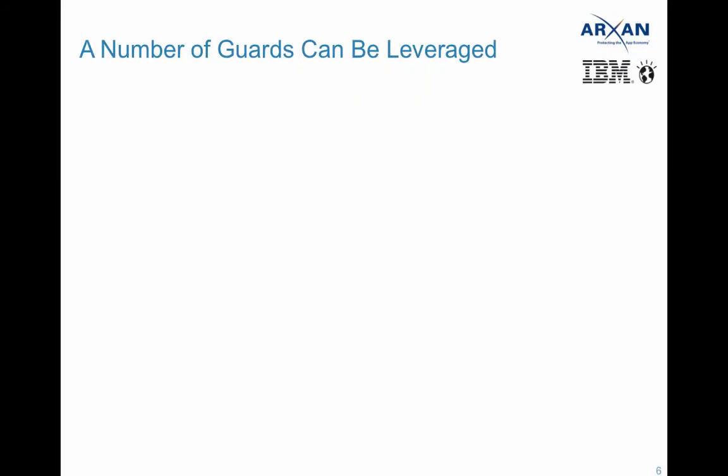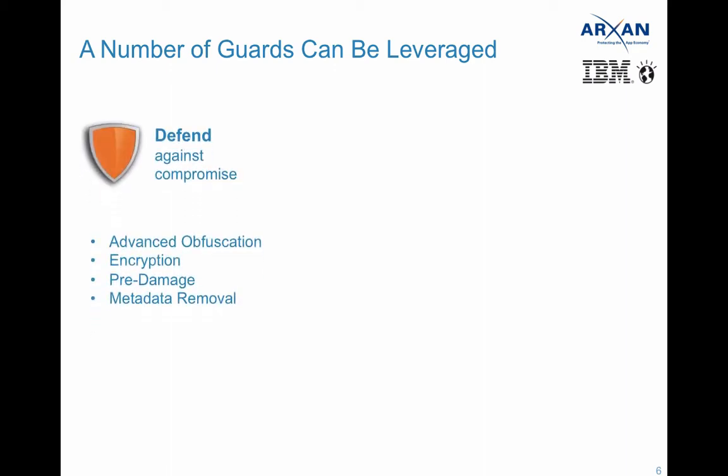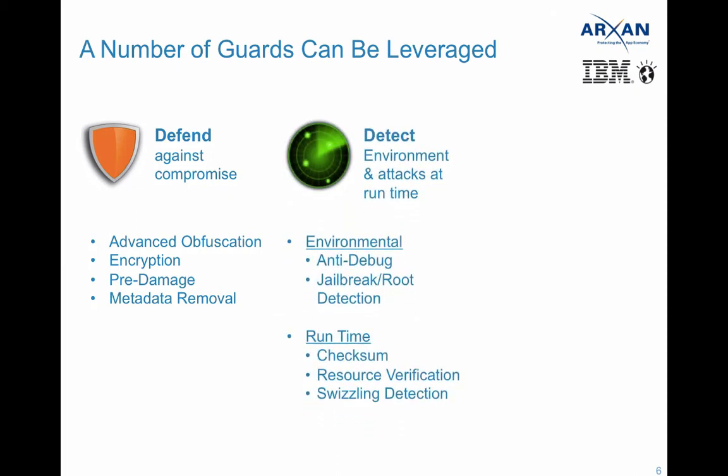Guards can be leveraged in a number of different ways to defeat an adversary at various stages of a binary attack. First, guards can allow a mobile app to defend against compromise by obfuscating or scrambling the code, or encrypting the data and parts or all of the application. Next, guards can allow a mobile app to detect that it is being attacked or modified at runtime.